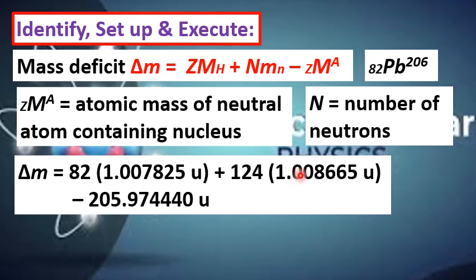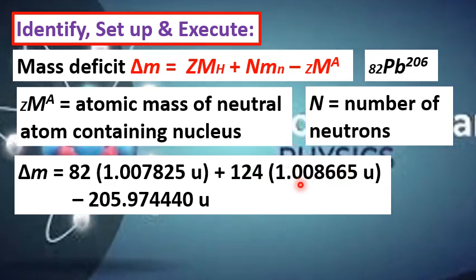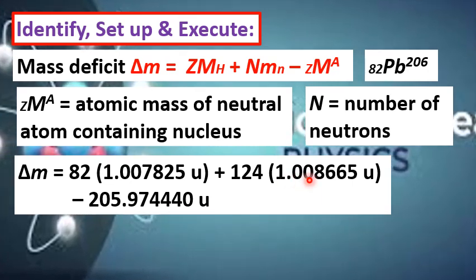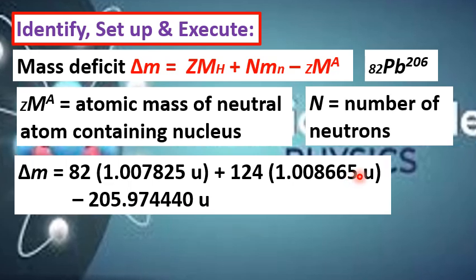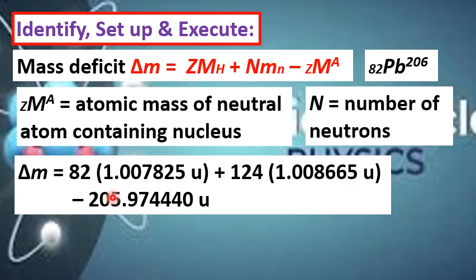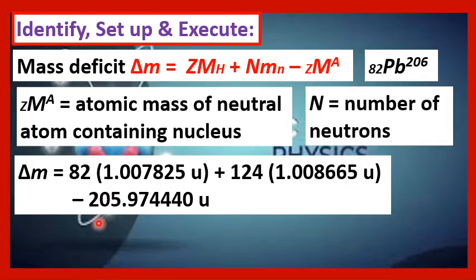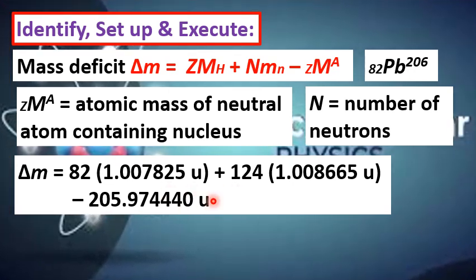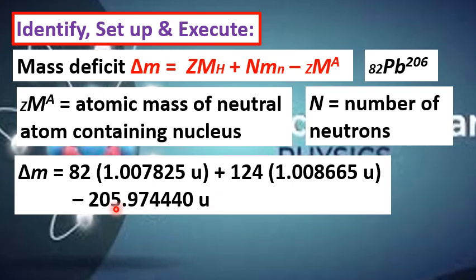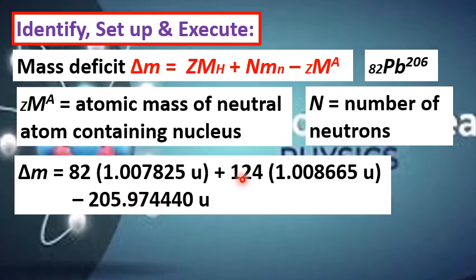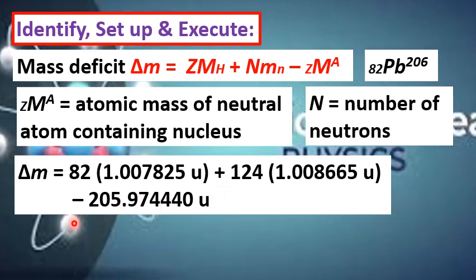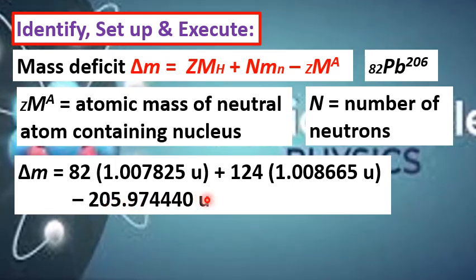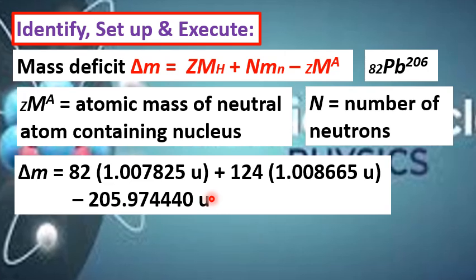And then multiplying it by the mass of a neutron particle, 1.008665 atomic mass unit. And then we will deduct the atomic mass of the neutral atom that contains the nucleus, the atomic mass of lead, that is equal to 205.974440 atomic mass unit.